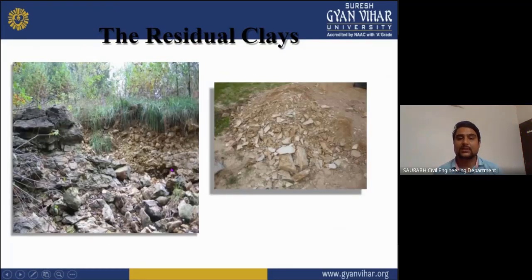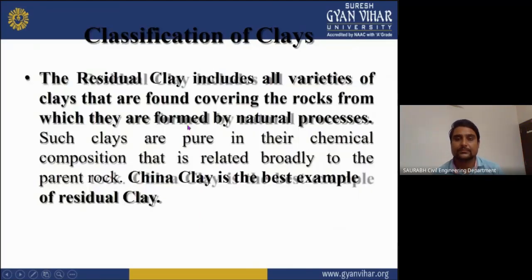Come to residual clay. As you can see here, this is residual clay, which means it is deposited at one place, near the mountains, on the surface of the earth. Now we will see the classification of residual clay. The residual clay includes all varieties of clay that are formed covering the rock from which they are formed by natural processes.